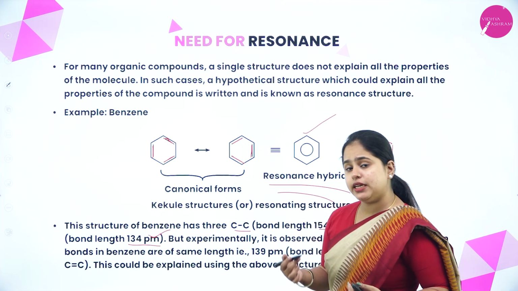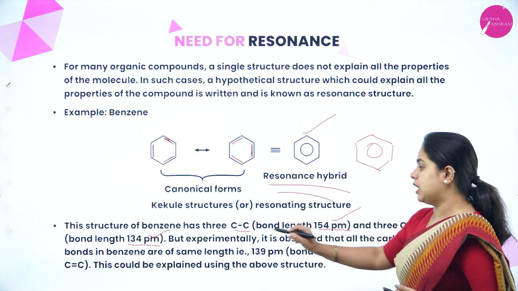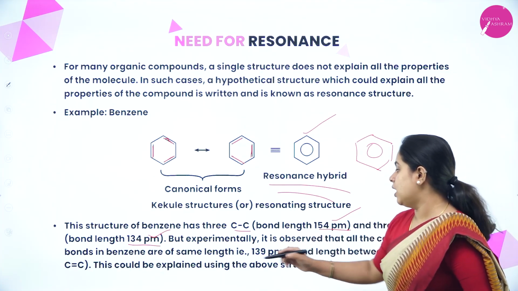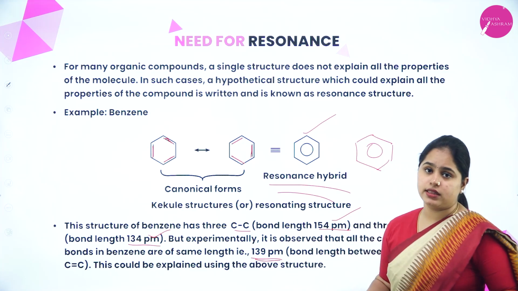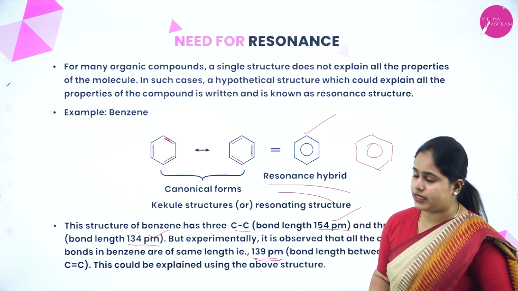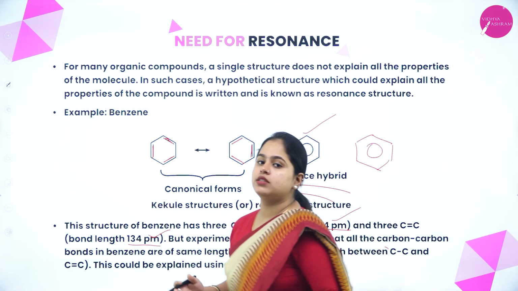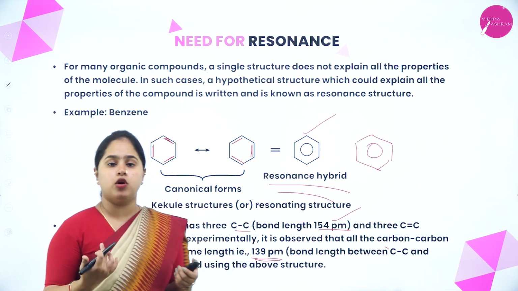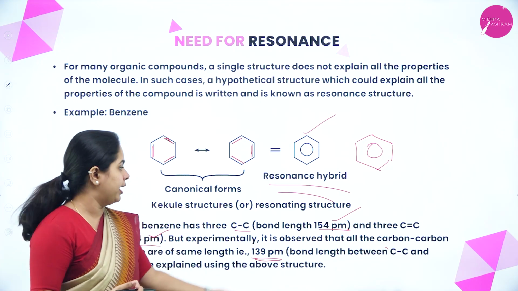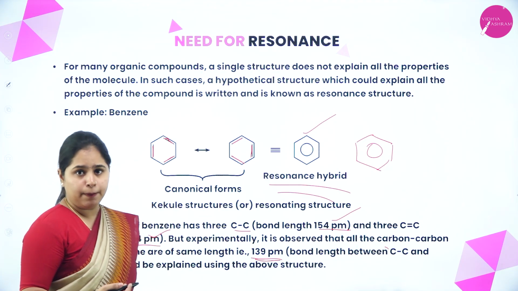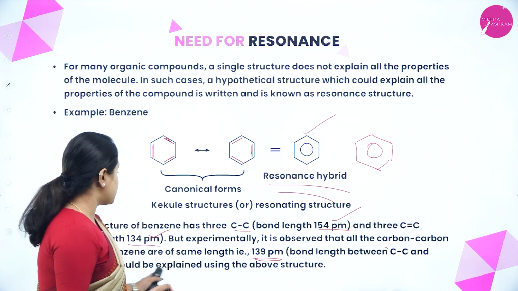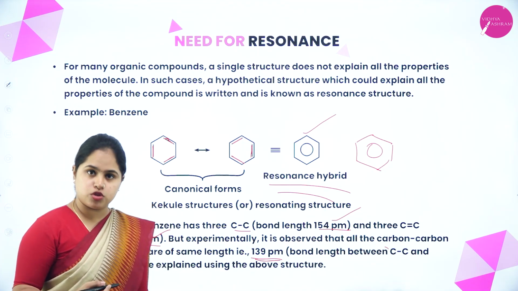But experimentally, it was found that all the carbon-carbon bonds in benzene have the same length, that is 139 picometer. It is neither 134 nor 154. All the carbon-carbon bonds in benzene have a bond length of 139 picometer. And this can be explained using the above structure.